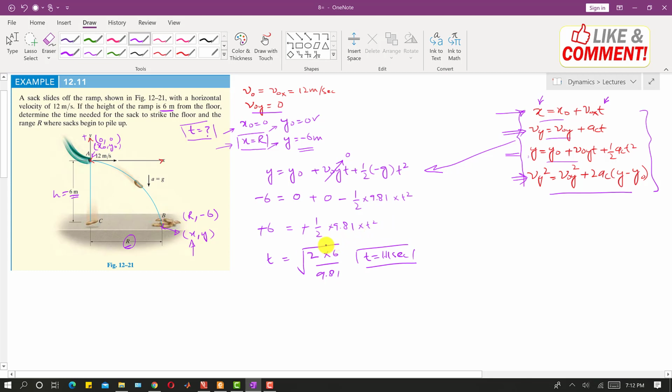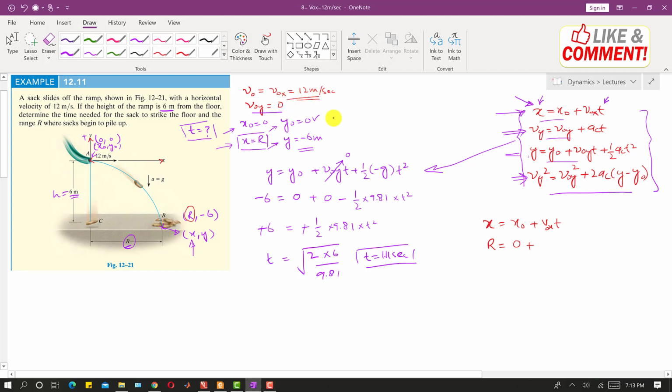So now we know t, so we can find the range by using this equation, x equals x naught plus v_x t. So x, the final position of the sack at this point B, is equal to r. So we can put x equals r, and x naught is 0, and v_x, sorry, v naught x is 12.